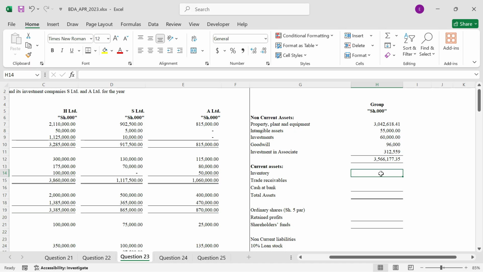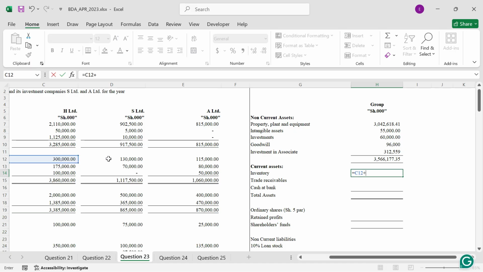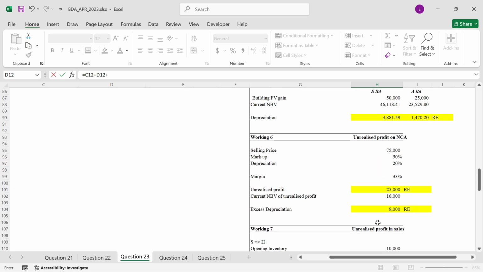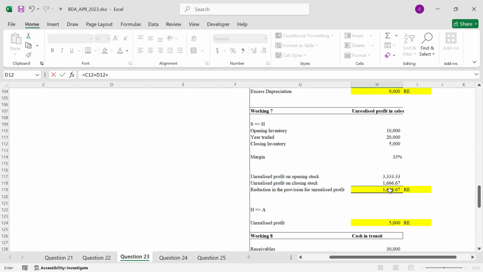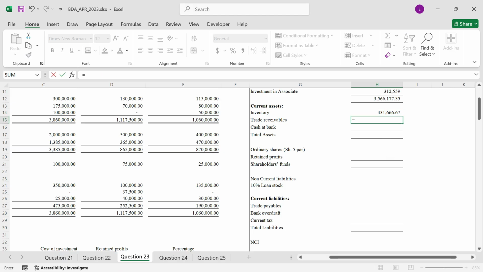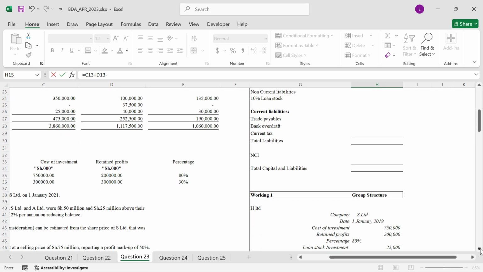I can add this together to end up at 35,6,177. Inventory will be, I consolidate my amount in full, but then I account for my unrealized profit. In this case, I have an increase in that provision, so I will add it back instead of lessening it. So that decrease in provision here. Trade receivables will be, I combine them, but then I remember I have an intragroup balance of 30,000 to eliminate.